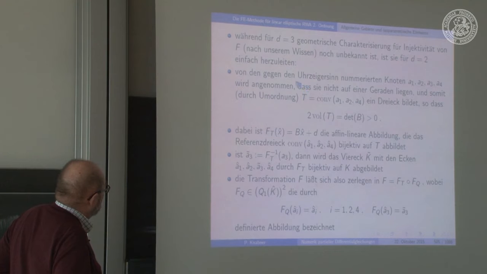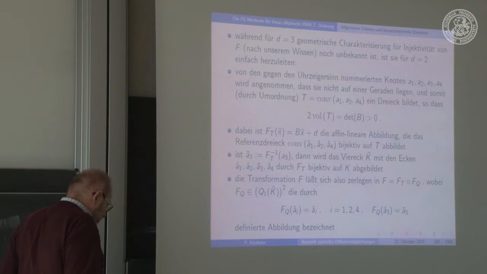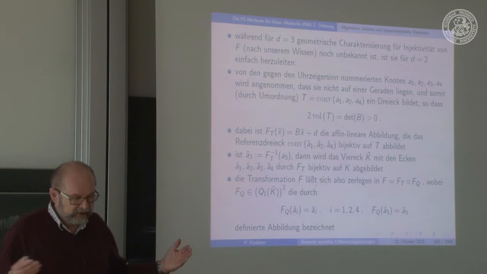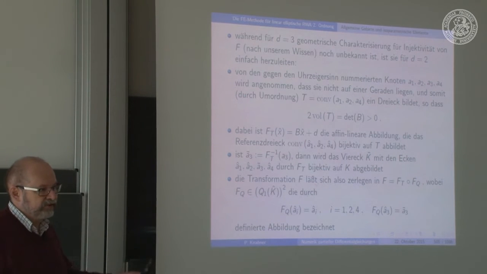We will later come to the convexity assumption, but first we assume that they are not all on a straight line. Of course, we want to assume that this quadrangle does not degenerate to a straight line.